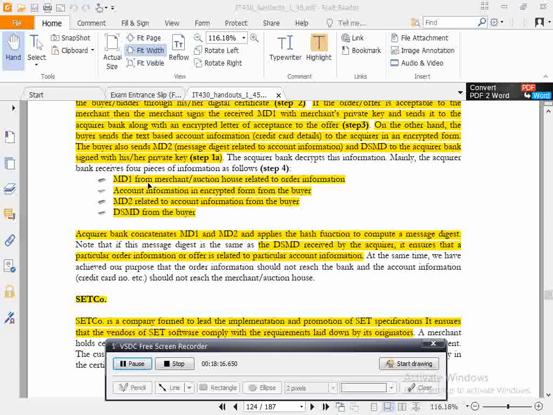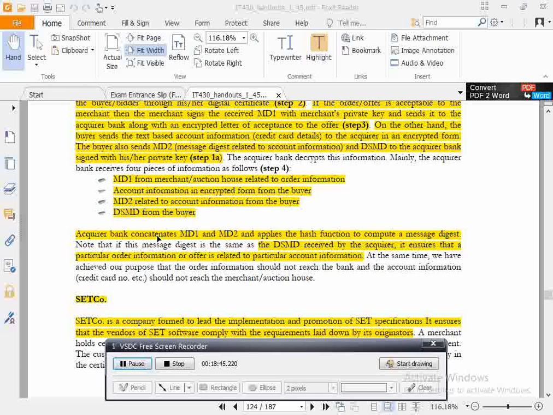The acquirer bank receives MD1 from the merchant or auction house related to order information, the encrypted account information, MD2 related to account information from the buyer, and DSMD from the buyer.